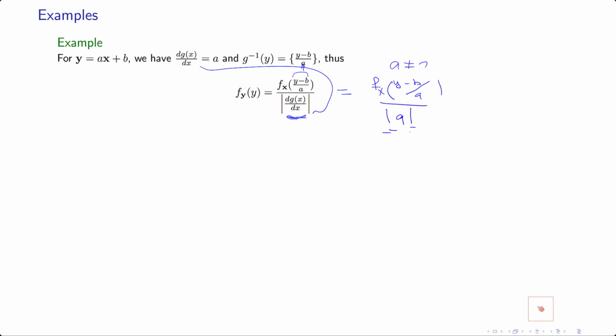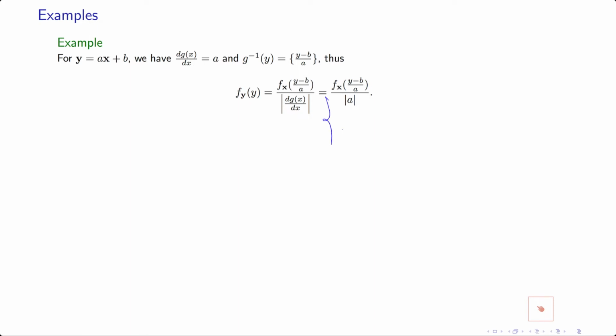Remember to put the absolute value here, because the PDF is never negative. This guy is not necessarily positive, so you have to put the absolute value to make it positive. So this is the general formula that we have obtained. For a equals 0, we obtain delta of y minus b, which is equal to the limit of whatever you have here when a tends to 0.